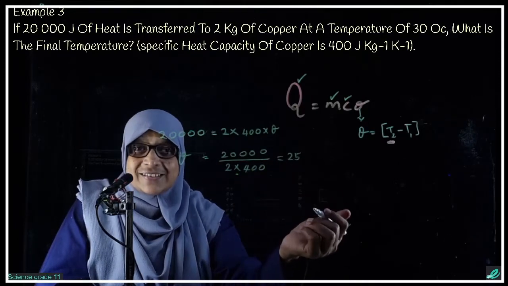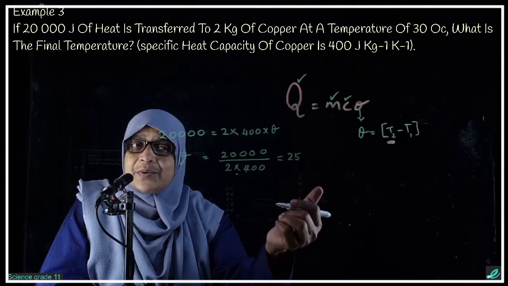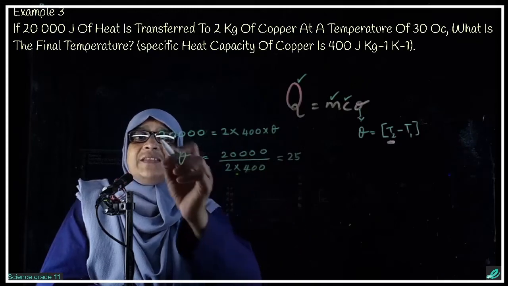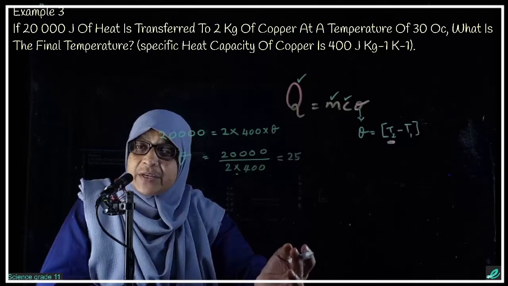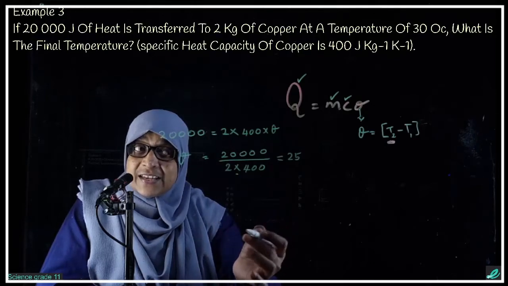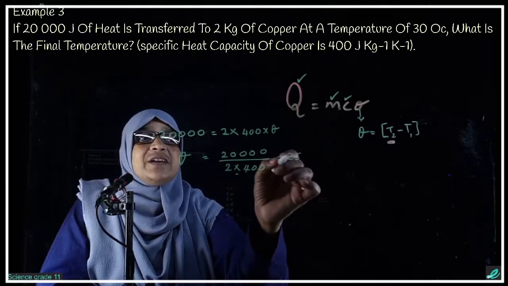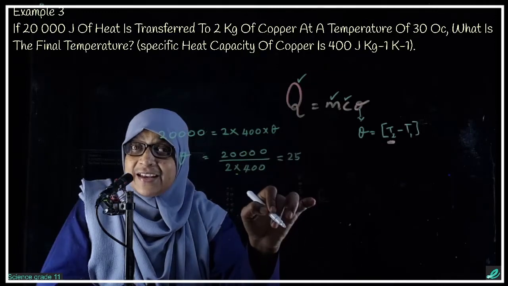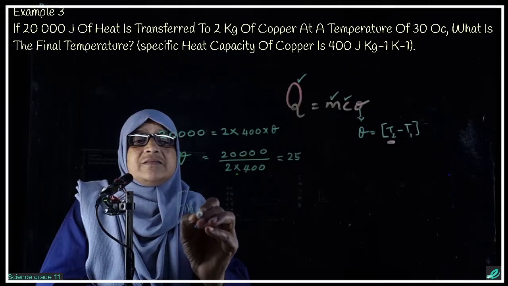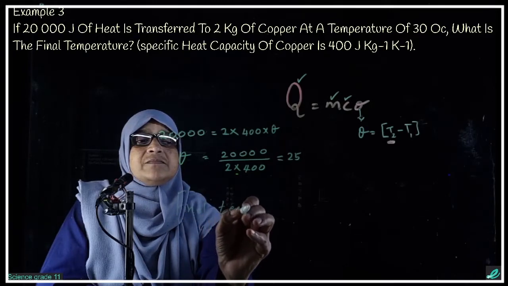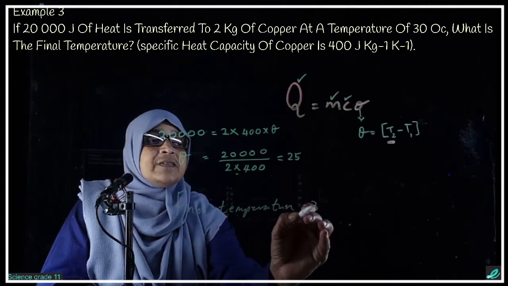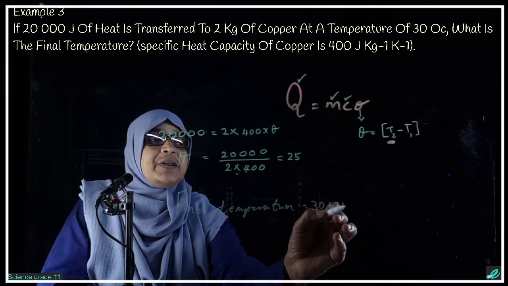Is it the answer? No. This is the temperature difference. When supplying this much heat to this copper, the copper at 30 degrees Celsius increases by this 25 degrees Celsius. Then the final temperature is the initial temperature plus the temperature difference.